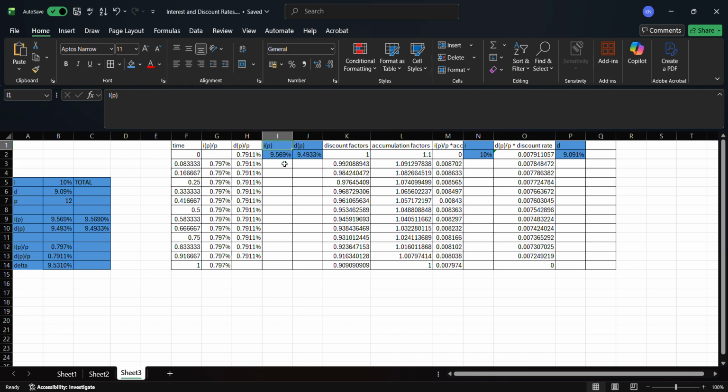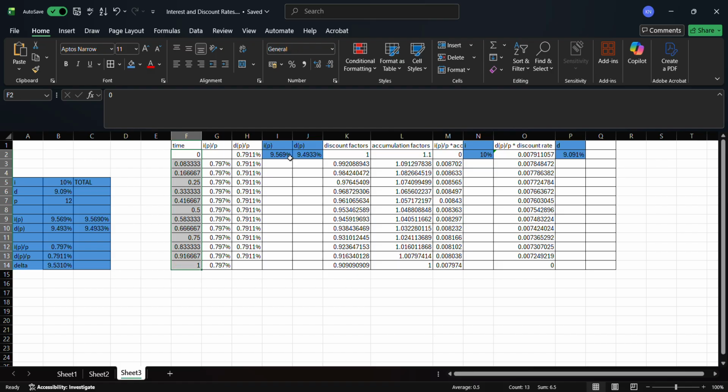If you look at i(p), the nominal interest rate convertible monthly, it's 9.569%. If you look at d(p), it's 9.493%. And our delta is 9.53%. So it's in between these two.